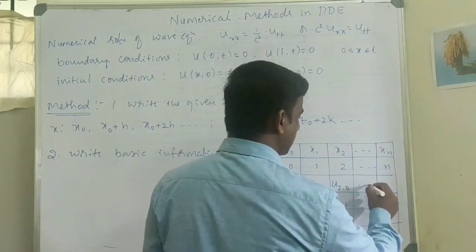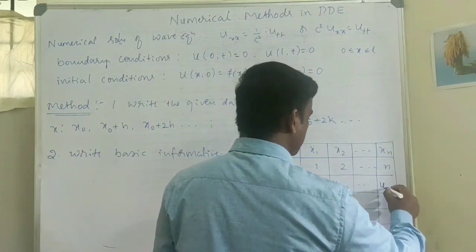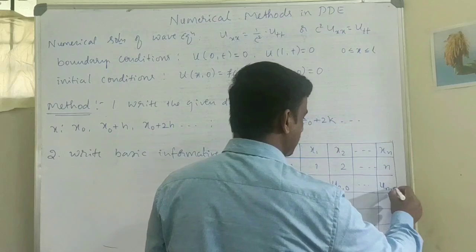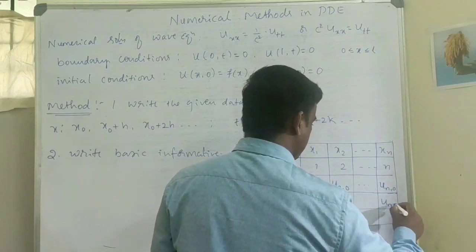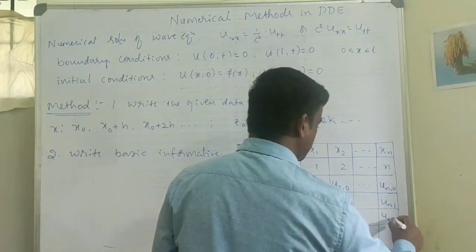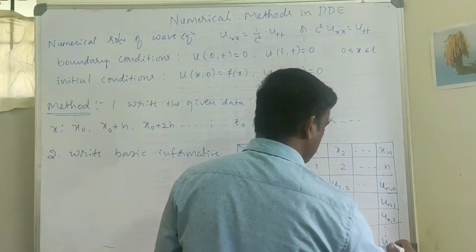Next here, if you continue this way, un,0, un,1, un,2, and so on un,n.